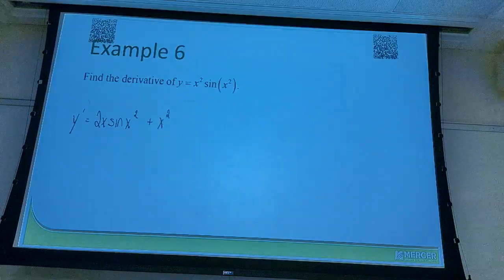Second function: sine of x squared. What kind of function is that? Sine. What does the sine rule say? Close. Yep, cosine. What's the inner function? x squared. What kind of function is that?